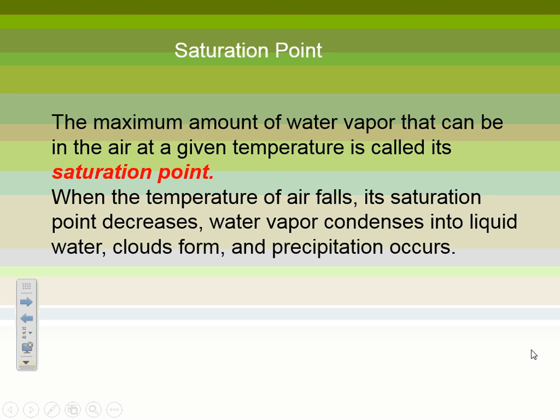The maximum amount of water vapor that the air is able to hold at a given temperature is called its saturation point. When the temperature decreases, its saturation point also decreases. Water vapor is going to condense into a liquid, clouds form, and then precipitation happens.